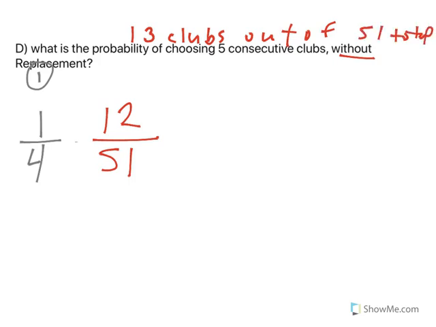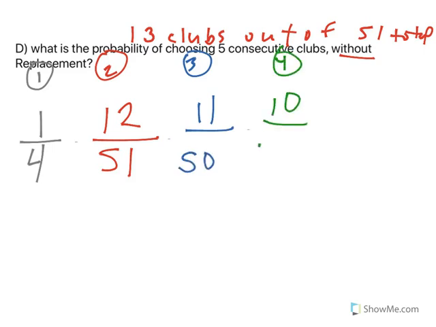All right, so we have our 1/4 because clubs are 1/4 of the cards. Our second card, there's only 12 clubs left out of 51. So you can imagine our third card, well, now we're down to 11 clubs out of 50. Our fourth card, we're down to 10 clubs out of 49. And then we're down to 9 out of 48. And if you're using a calculator, you might say, oh, this is great, just plug it all in.